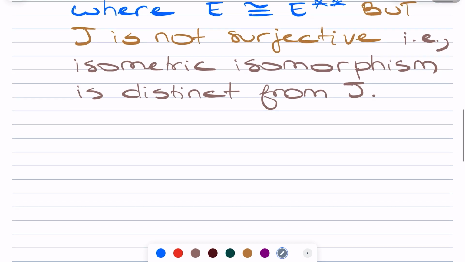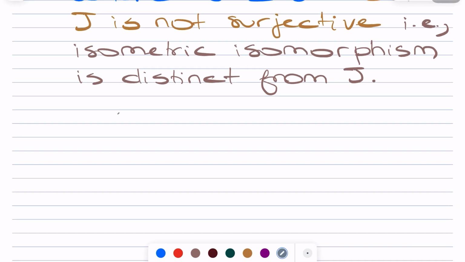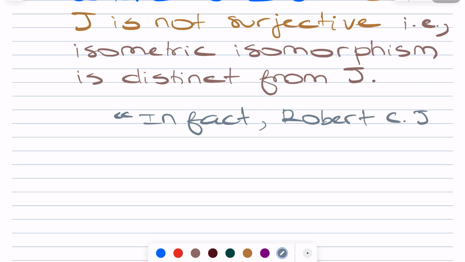So maybe I write it. His name is, for those who are interested, of course, Robert James.